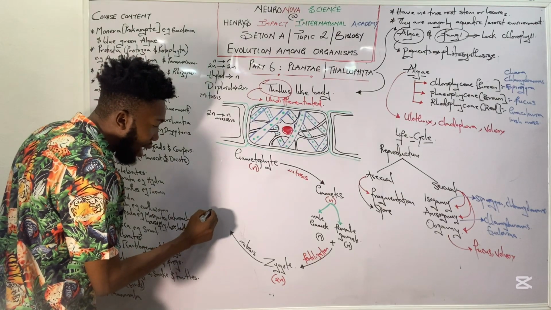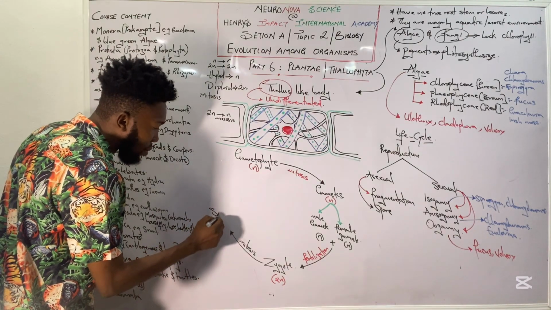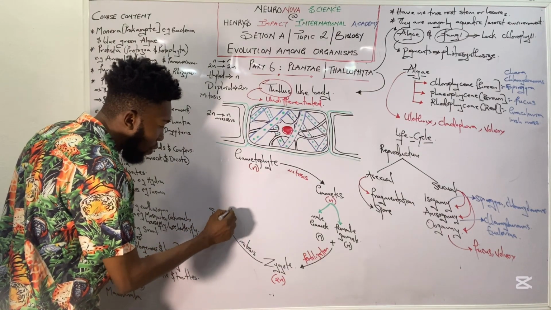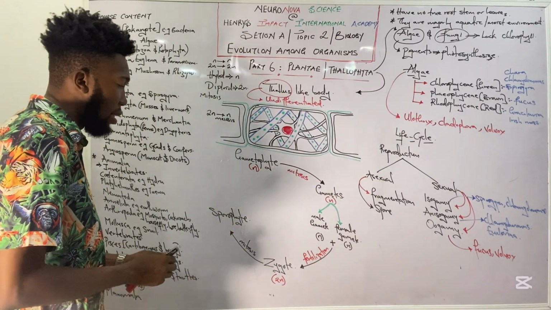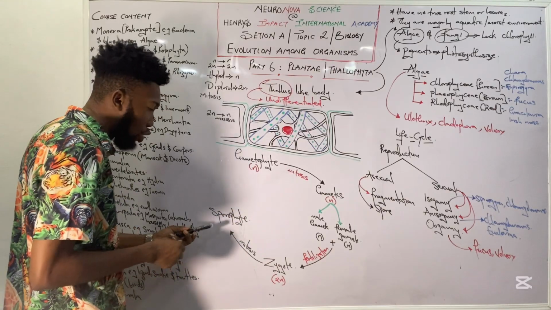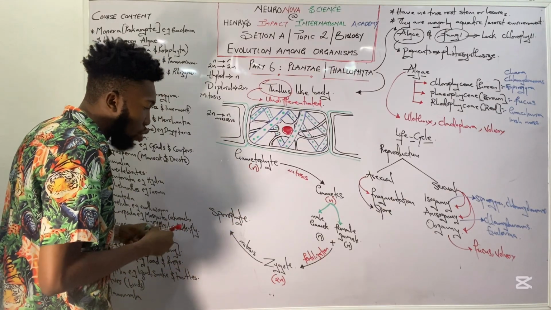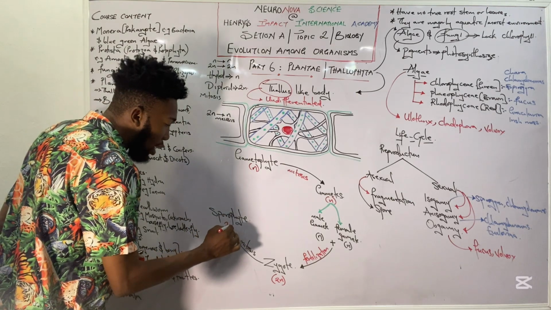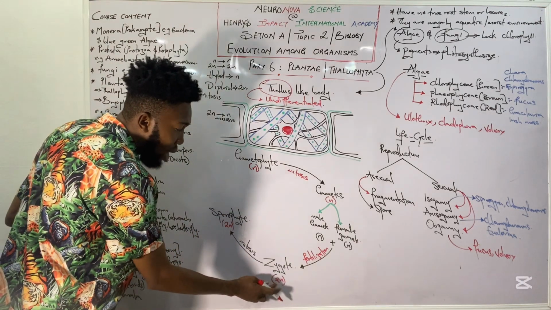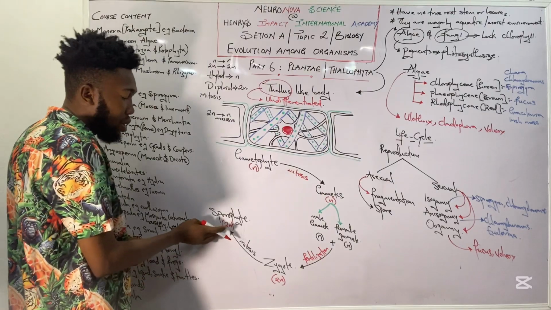So here now, I will now have the sporophyte. So this is where you have the sporophyte. Good. Now this sporophyte here should be what chromosomal number? It is going to be 2N. Why? How do we know? Because we said the zygote was 2N, the mitosis happened, so it's going to produce identical.